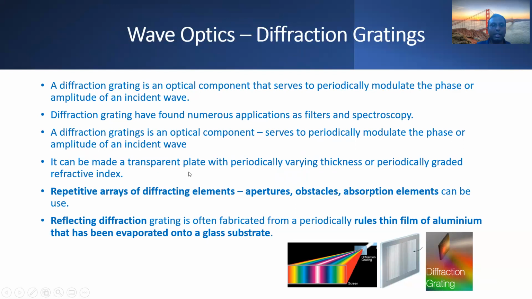Diffraction gratings have found numerous applications as filters and in spectroscopy. It can be made of a transparent plate with a periodically varying thickness or periodically graded refractive index. A repetitive array of diffracting elements, including apertures, obstacles, and absorption elements, can be used. A reflective diffraction grating is often fabricated from a periodically ruled thin film of aluminium that has been evaporated onto a glass substrate.